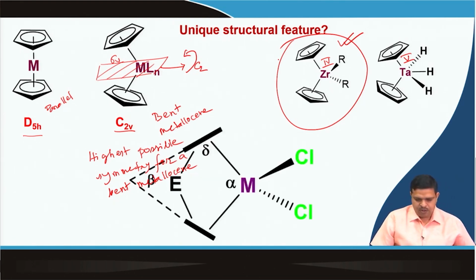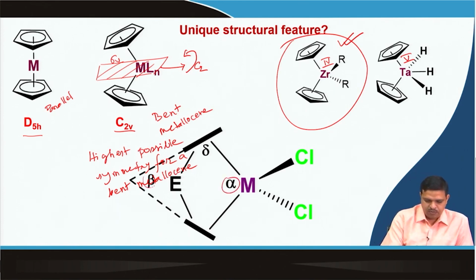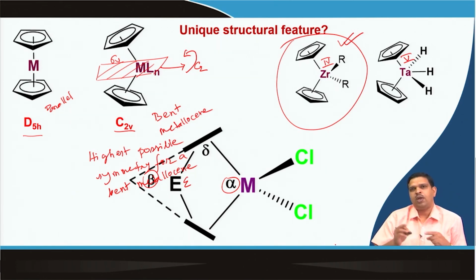Now, in the last class I mentioned some of the structural parameters which are helpful to quantify how much bent the metallocene is, as example this alpha angle, this beta angle, or also this angle. These parameters will be useful to design a new catalyst.